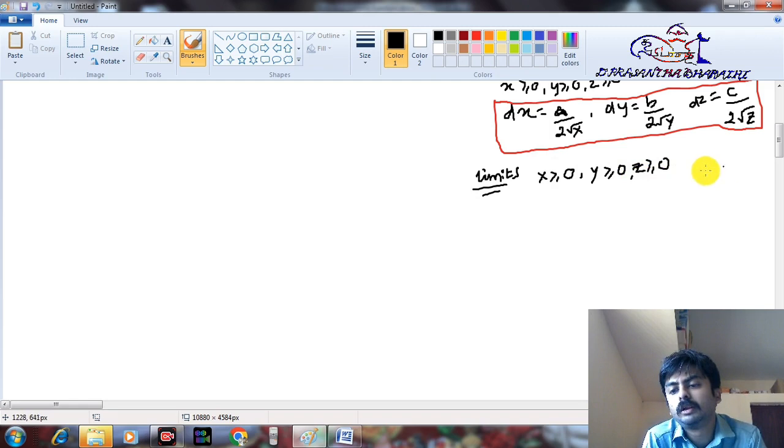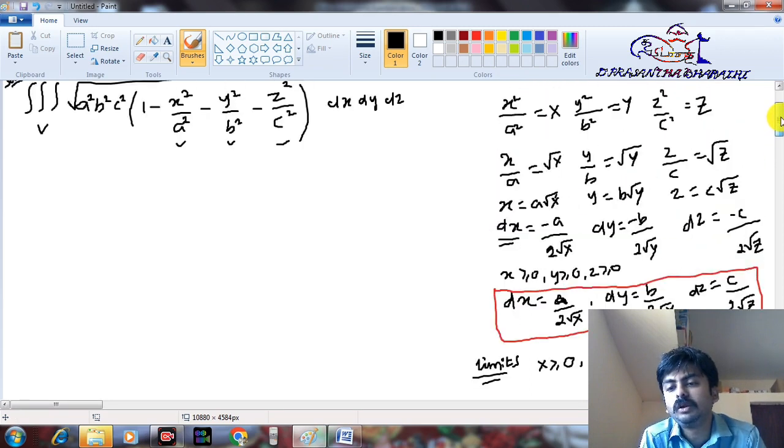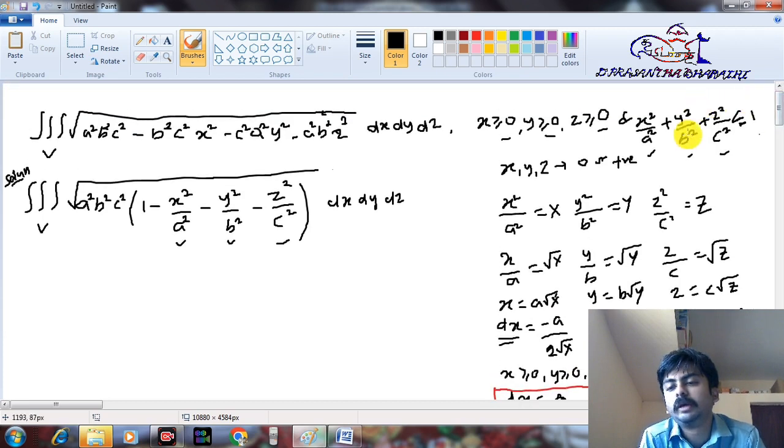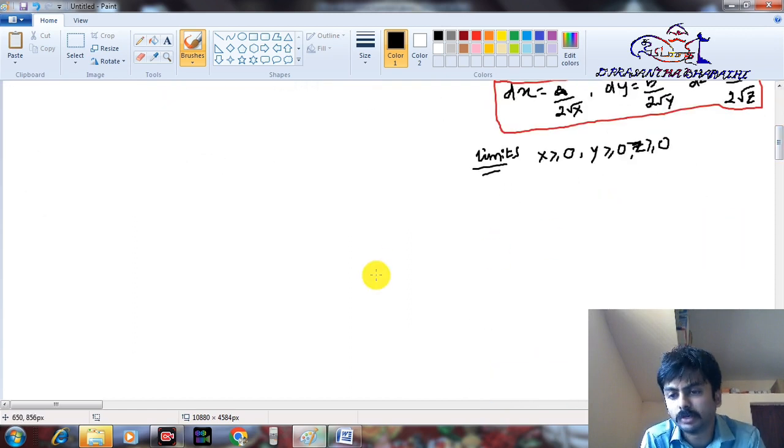Okay, now we are having x square by a square plus y square by b square plus z square by c square less than or equal to 1. This x square by a square is capital X, this is capital Y, this is capital Z. So we are having X plus Y plus Z less than or equal to 1.